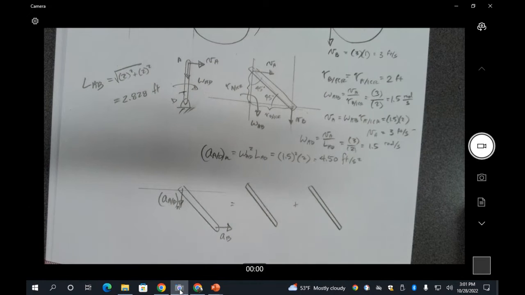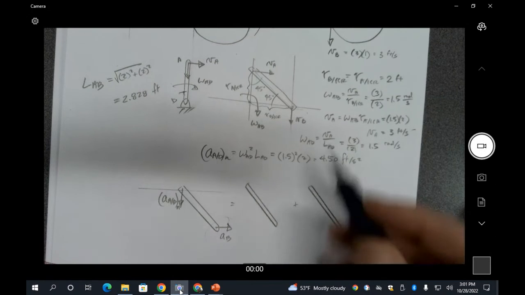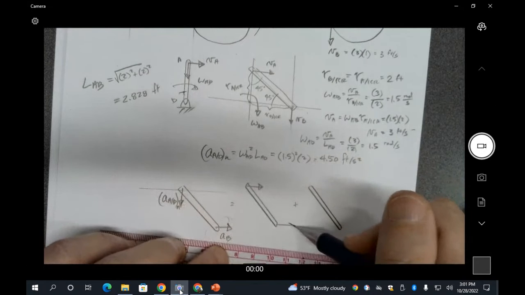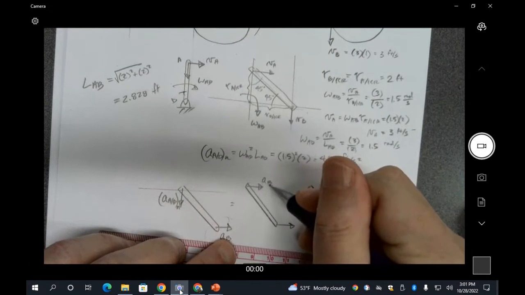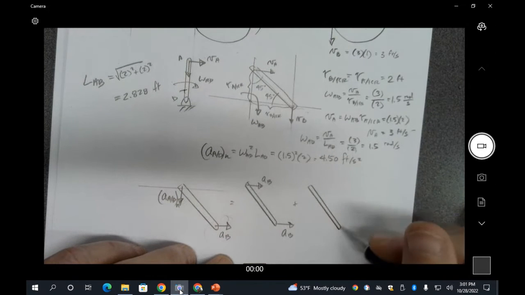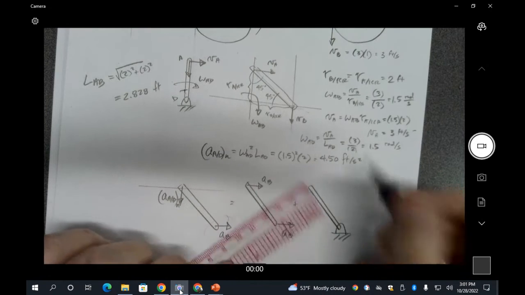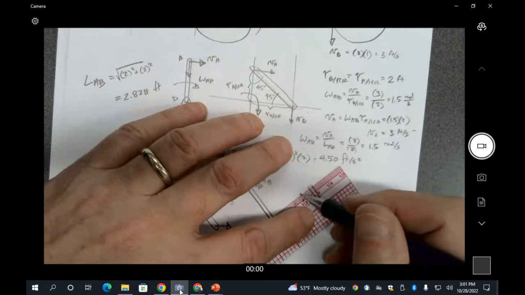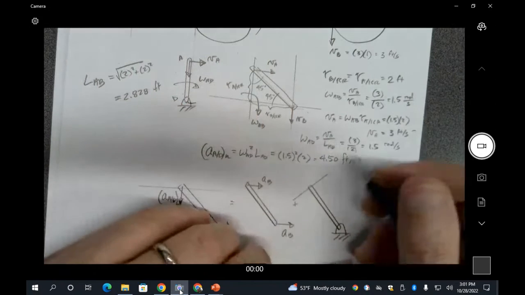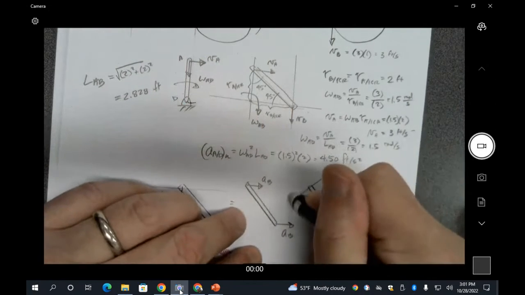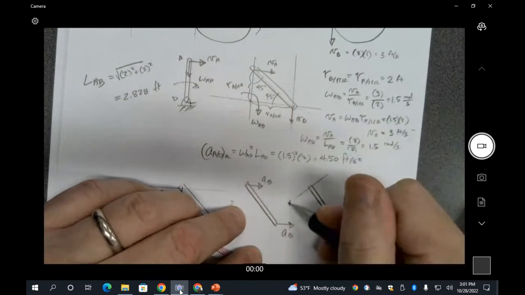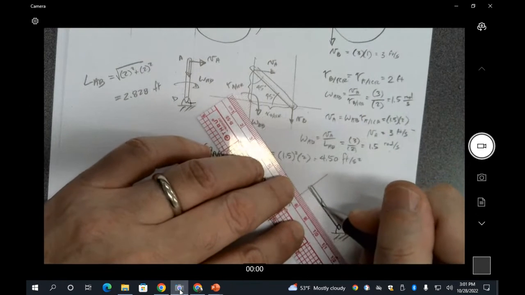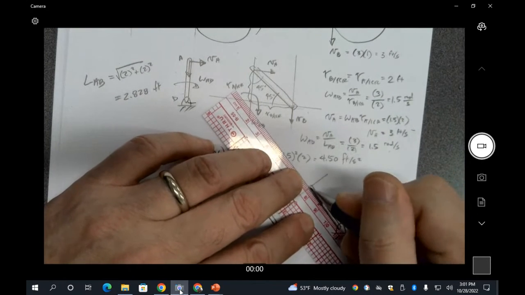As we've done before, if we know something fully, we'll use that as the translational acceleration of B, and then pin it there. And then find this portion. Keep in mind that there's going to be a component in this direction as well.